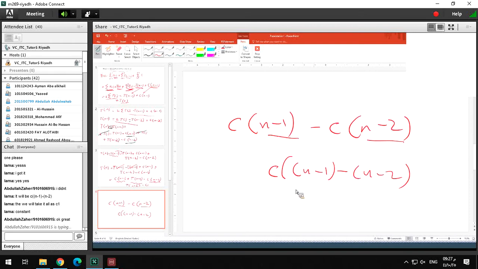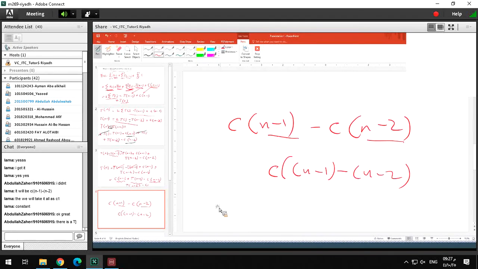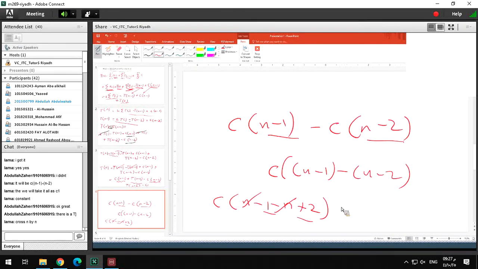Why don't you just open the brackets? So it will be C(n minus 1 minus n plus 2). So n with minus n will go. Minus 1 plus 2 equals 1. C1.